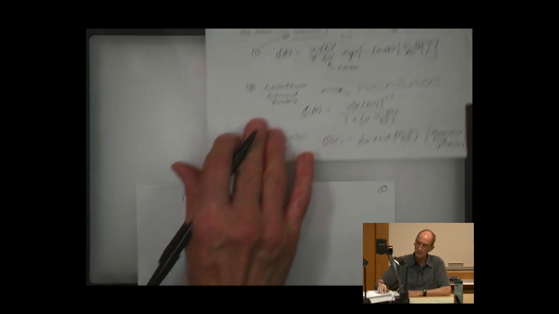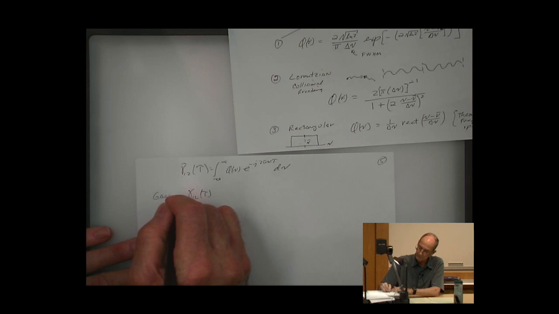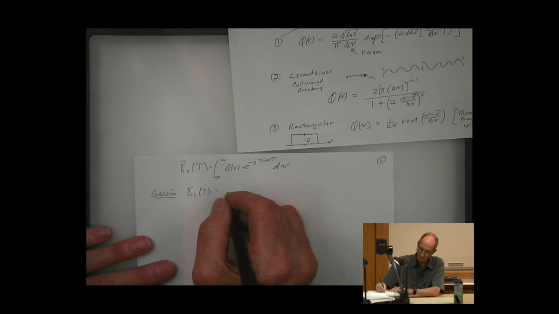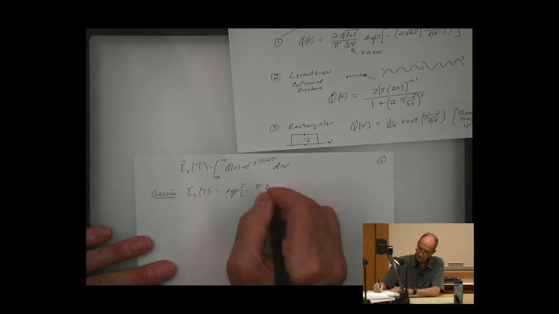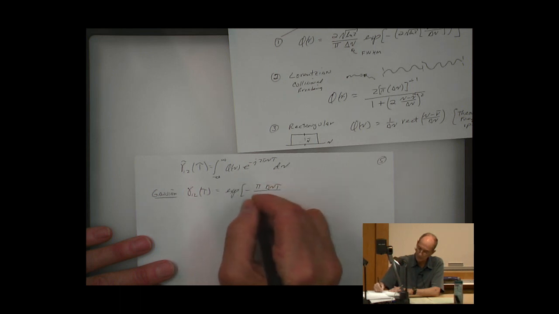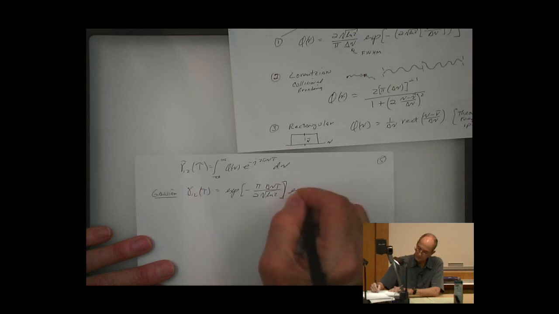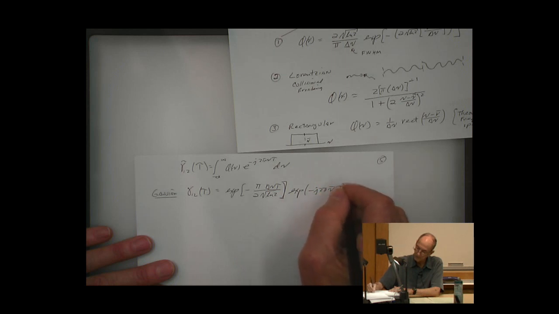Now if we apply that to these different functions, we have gamma 1, 2 of tau for the Gaussian source spectrum. This gives us one function out in front, exponential of minus pi delta nu tau divided by 2 square root of ln 2, times the exponential of minus j 2 pi nu bar tau.